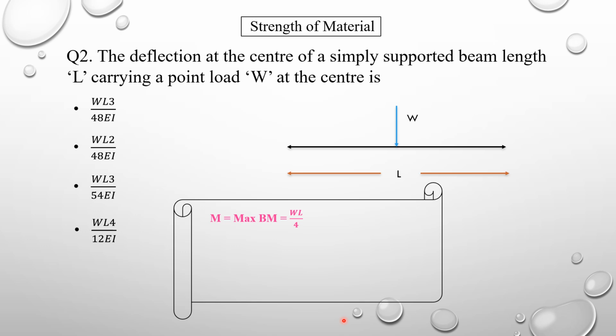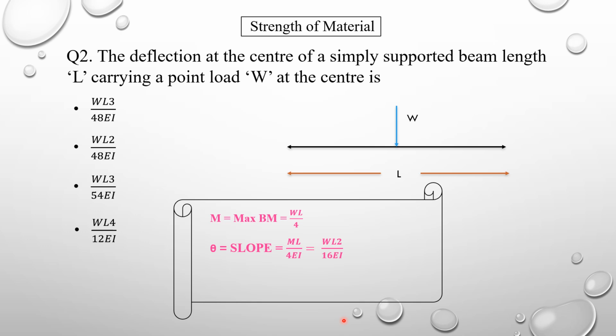If you don't have any clue about maximum bending moment or shear force, then you can check the mechanics playlist on my channel, or else I will put the link in the description or in the comment section. Then next, with the help of maximum bending moment, you can find the slope. Okay, the slope is ML by 4EI.